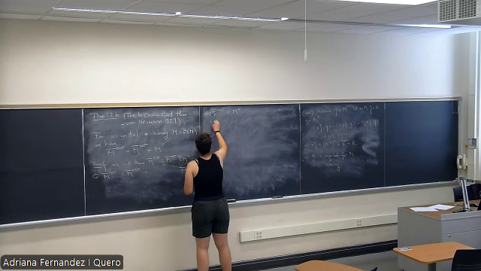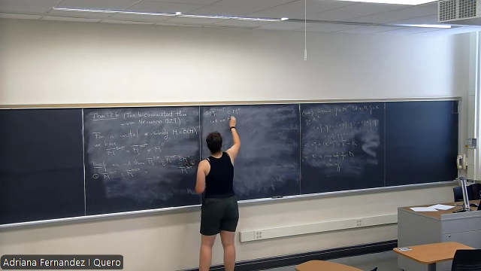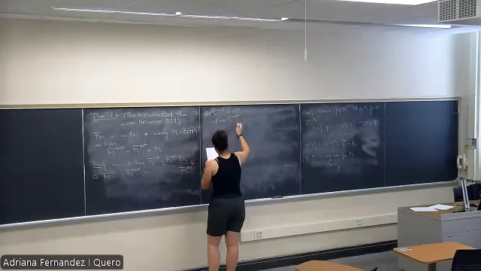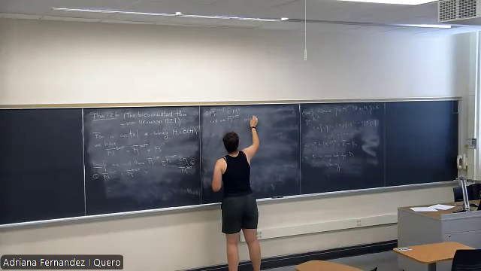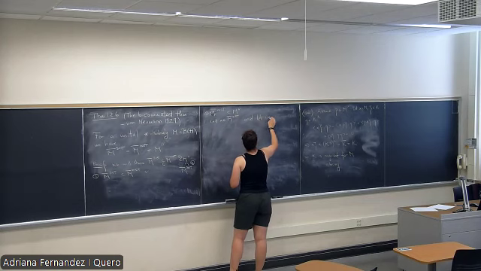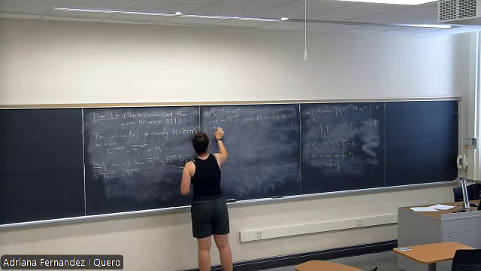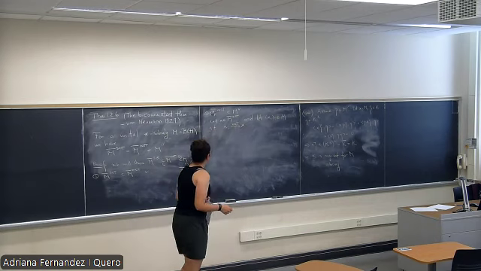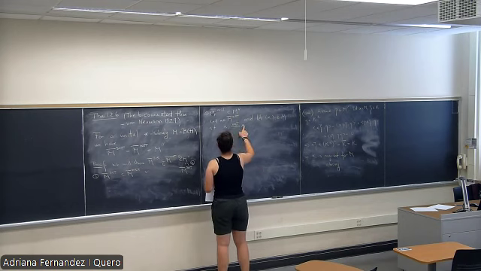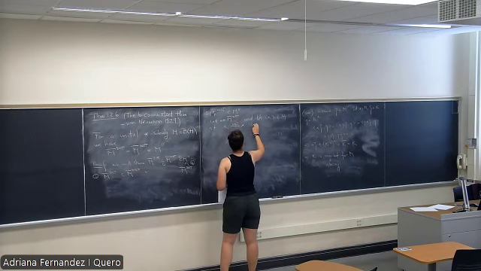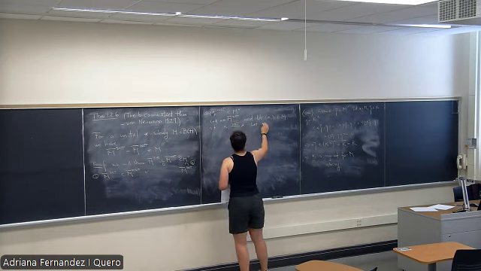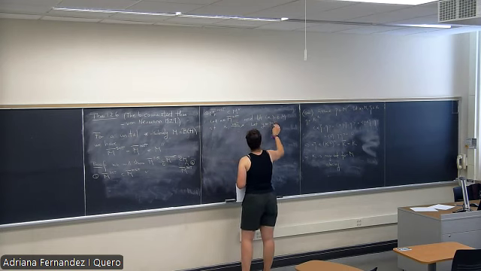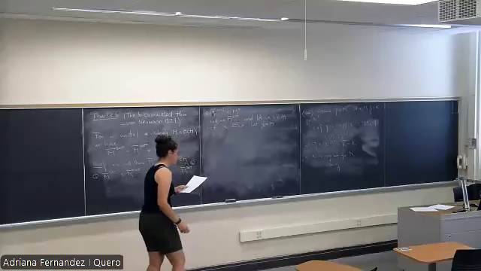Let X be in this weak operator topology closure and take Xi be a net in M that converges to X in the weak operator topology. So what we need to show is that this X is in the double commutant. That means we need to show that it commutes with an arbitrary element Y in the commutant of M.